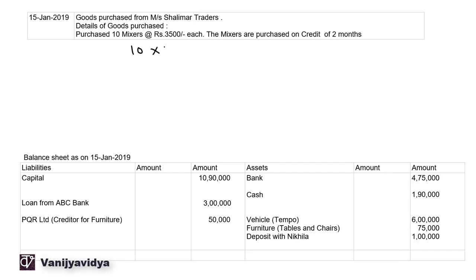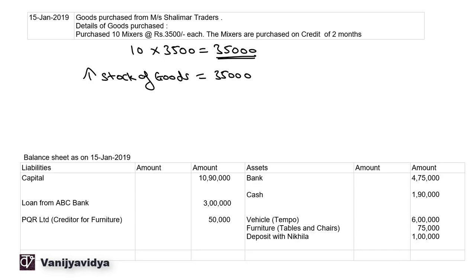It is 10 mixers into 3,500 each, that is 35,000. Now this 35,000, since it's a purchase of mixer, it will increase your stock of goods by 35,000. So this stock of goods means increase in the asset.